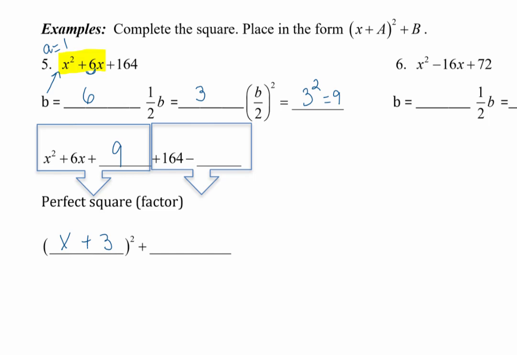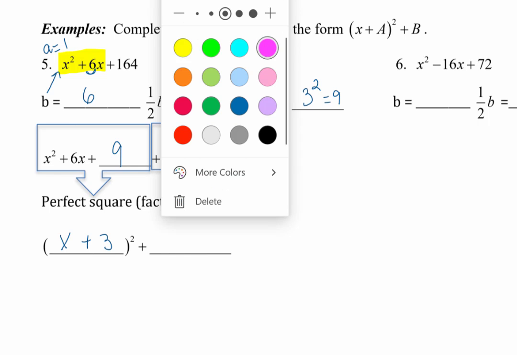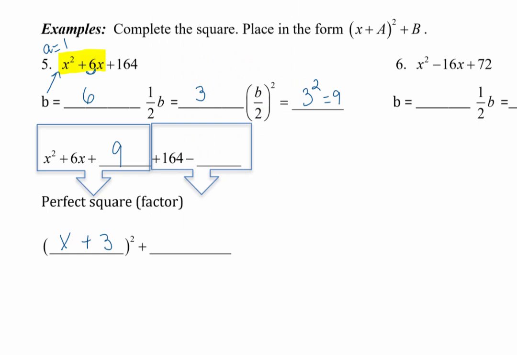And this is exactly what we did in the previous video. If this is a little confusing, make sure you go back and look at that previous video first. But this is the new piece. The original problem had this 164, right? So I'm going to leave the 164 there.